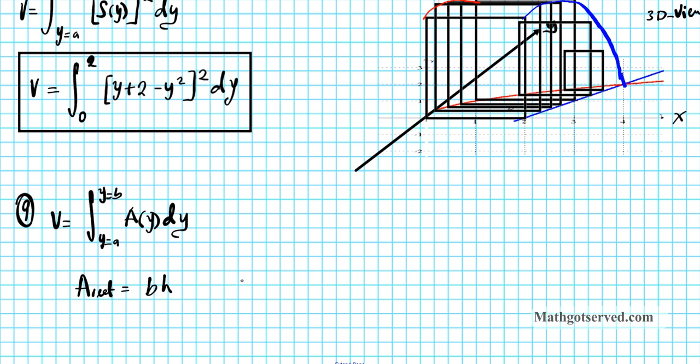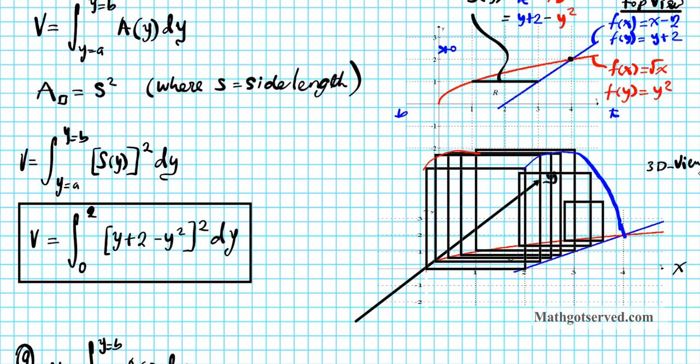So let's call the base S because it's on the region. If the base is equal to S, the base is 5 times the height, 5h.